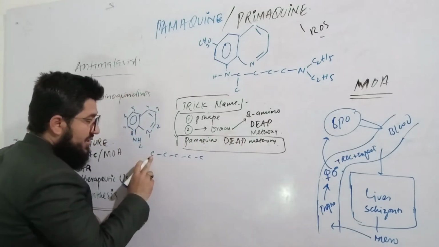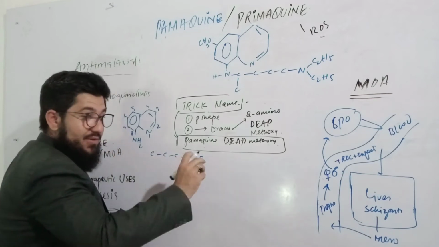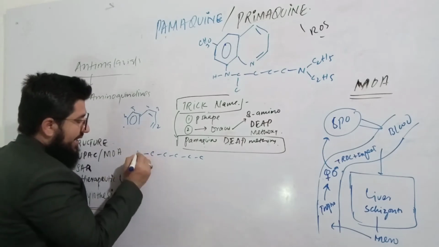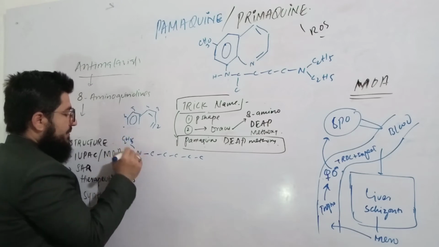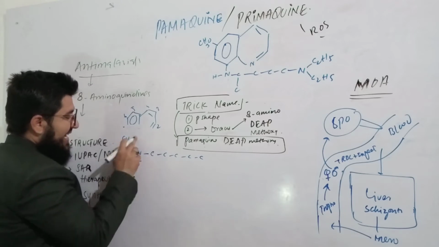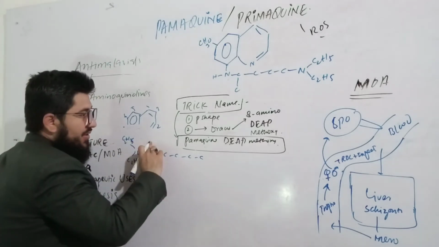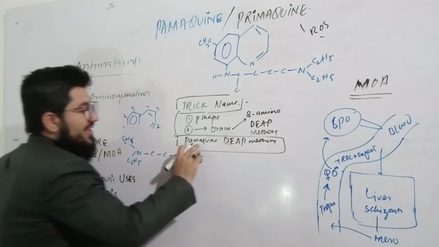So we get this arrangement of 1, 2, 3, 4, 5 carbons in a chain, and with that, we attach nitrogen, and with that we attach C2H5, diethylaminopentane. So this must be remembered from this DEP. DEP stands for diethylaminopentane. So now this is the name.